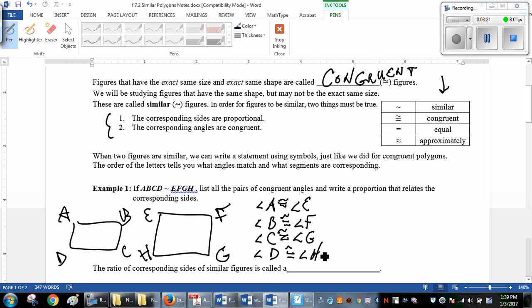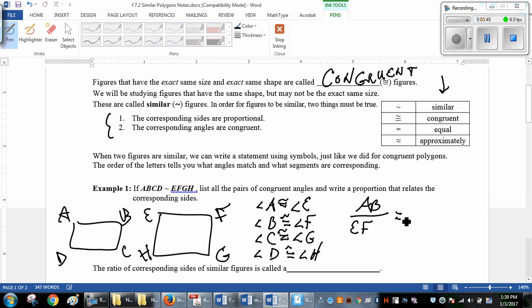Now we can put any of the corresponding sides together. So if we just want to make one proportion, what's key is that we write our corresponding sides in a ratio. So let's say I want to start with side AB. I want the corresponding side with AB, which is EF. The way I drew it, they're in the same position. The way they are in the similarity statement, they're in the same place.